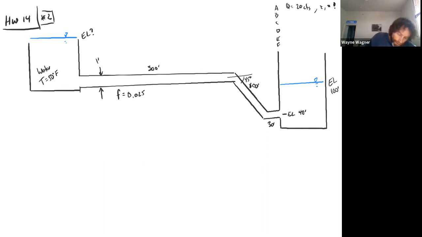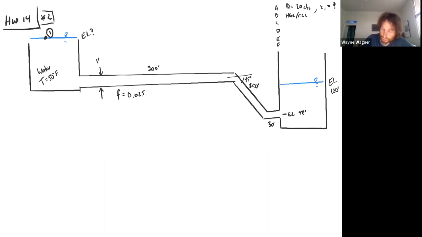We'll put point 1 right here. For B, we want the HGL and EGL. We're going to do that quantitatively for this one. When I wrote the instructions, I told them to plot a point every 50 feet. It's really easier to do than that, and we'll do it the easier way.